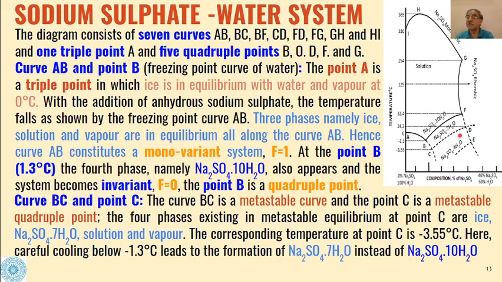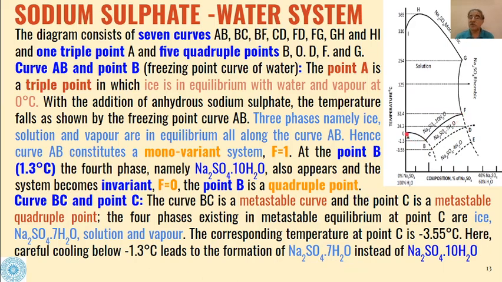Then the curve CD, again a metastable curve. Then curve FD, this is a metastable curve. Then curve FG, then GH, then HI. So these are the 7 different phase curves present in the phase diagram.